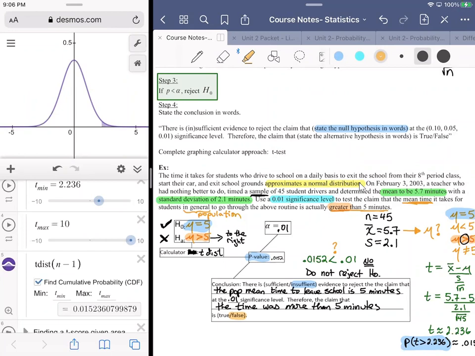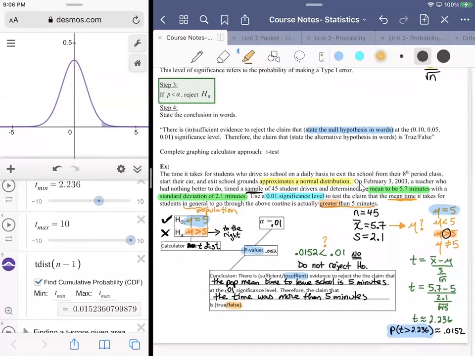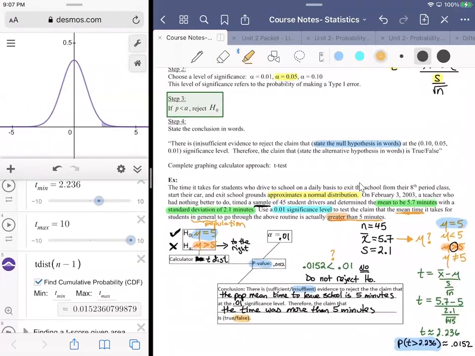So, it's like I said, it's an acquired taste. There's a lot going on here. The computations on the side, you'll find, tend to be the least confusing aspects of these kind of problems. Once you get the hang of it, the conclusion writing, the statements of null and alternative, they're pretty consistent.